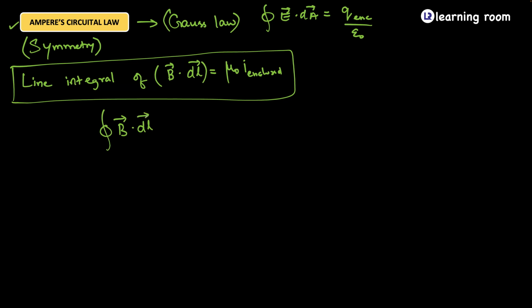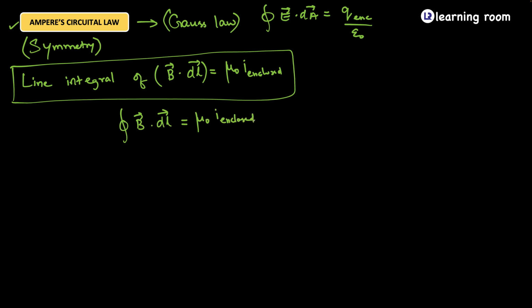So it states that the line integral of B vector dot dl vector is equal to mu naught times the current enclosed.